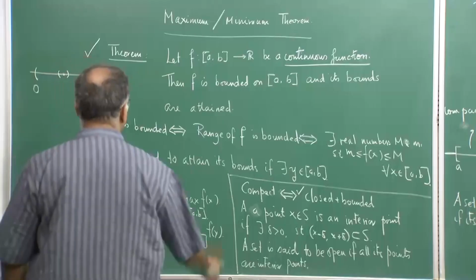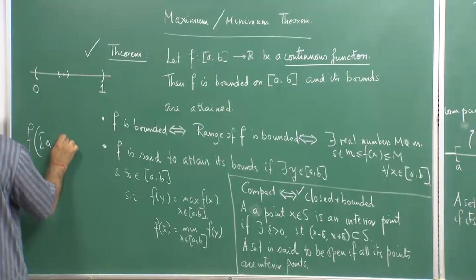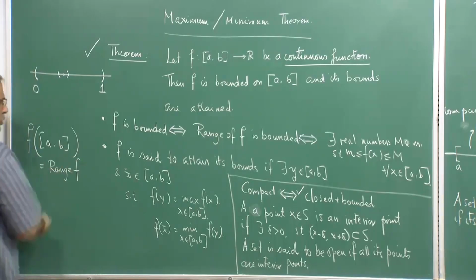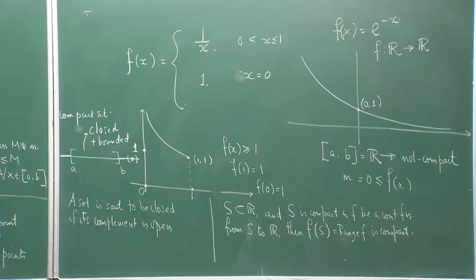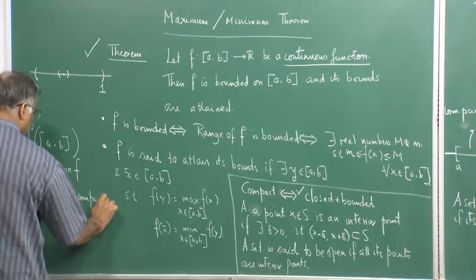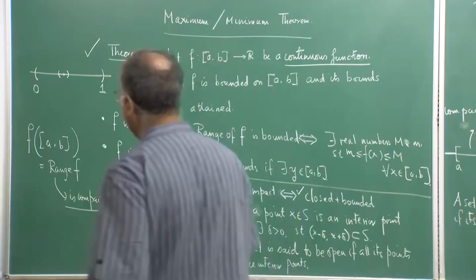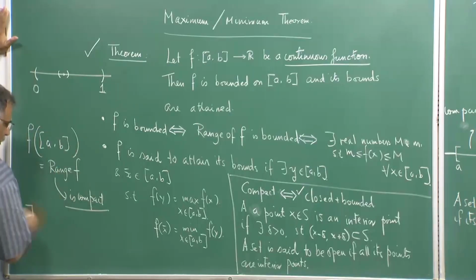So, here you can immediately see, since f is continuous, the image f of [a, b] actually is the range of f. So, range of f is compact because the closed interval, as we have seen, is compact. And when the range of f is compact, it is both closed and bounded. What is the range of f?